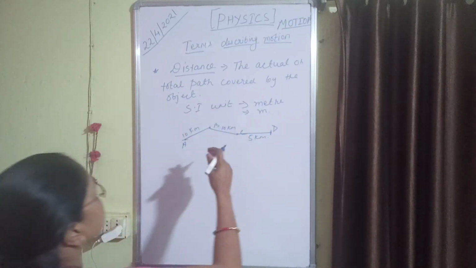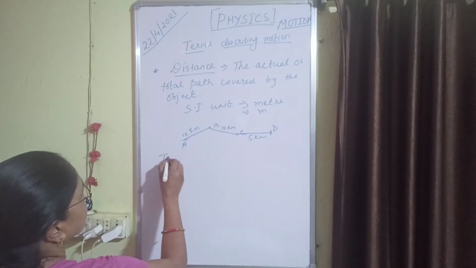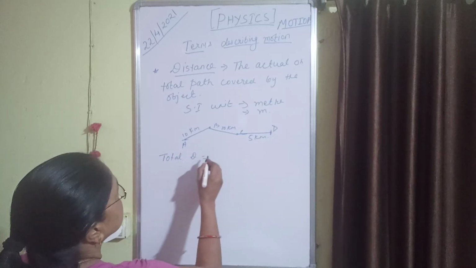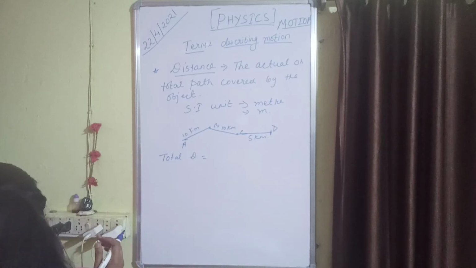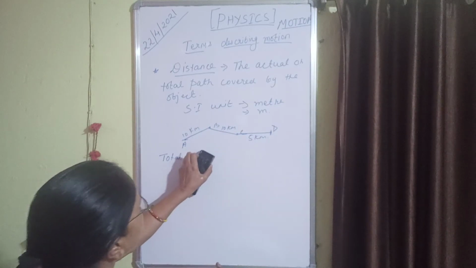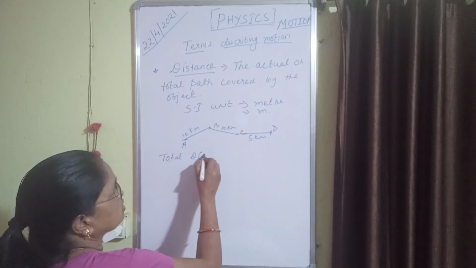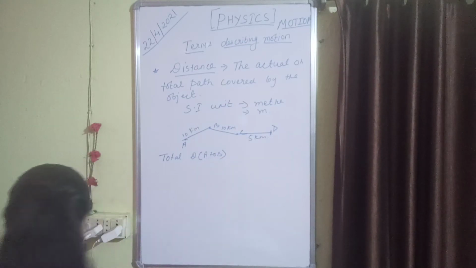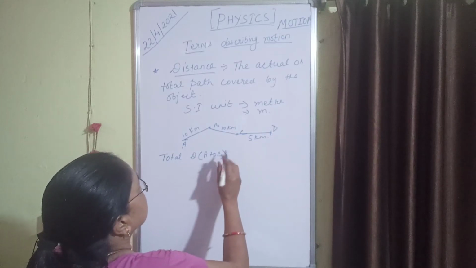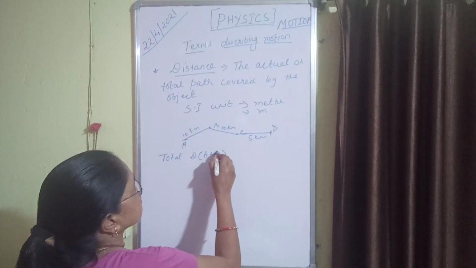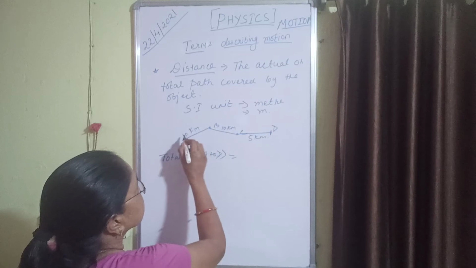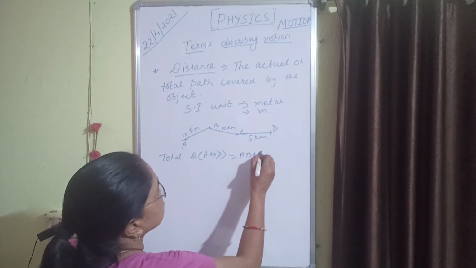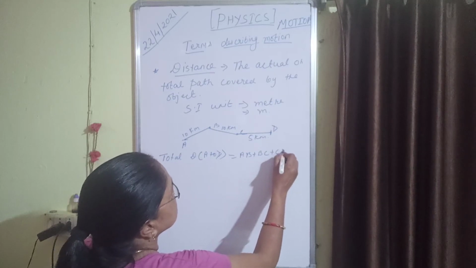So let's calculate the total distance. Total distance is equal to, that is from A to D. Just I am writing here, it's no need to write, but as you are starting this one, so I am writing here, your initial stage is this one, A to D, 10 kilometer A to B, that means AB plus BC plus CD.